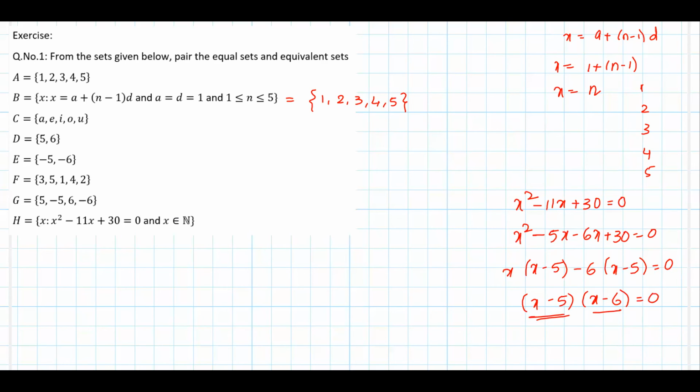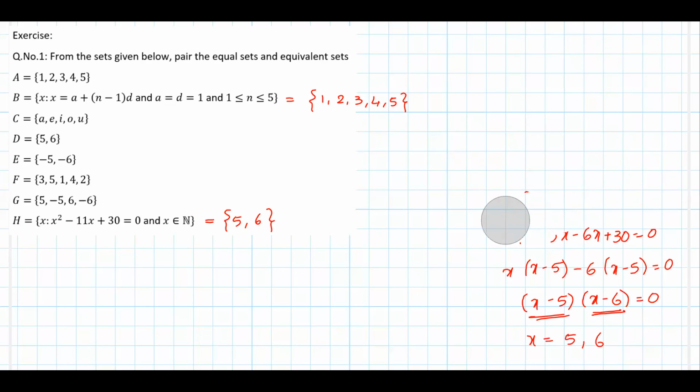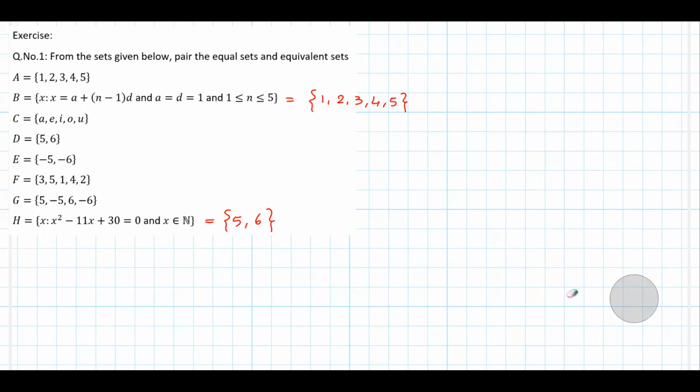So from this, equating these two to 0, you're going to get x as 5 and 6. So both 5 and 6 belong to natural numbers. The solution is 5, 6. The tabular form is 5, 6 in a curly bracket. That's clear. So we have all these sets in tabular form.